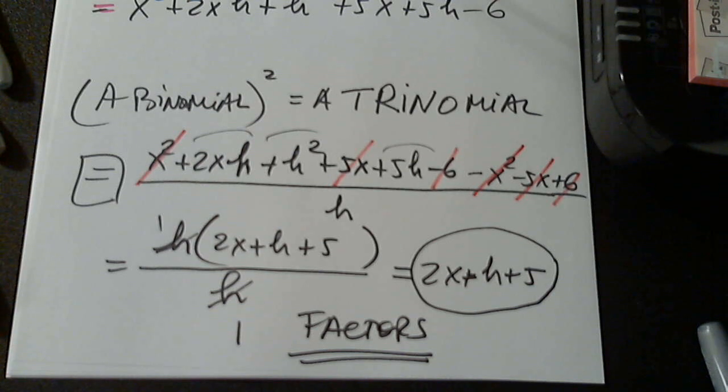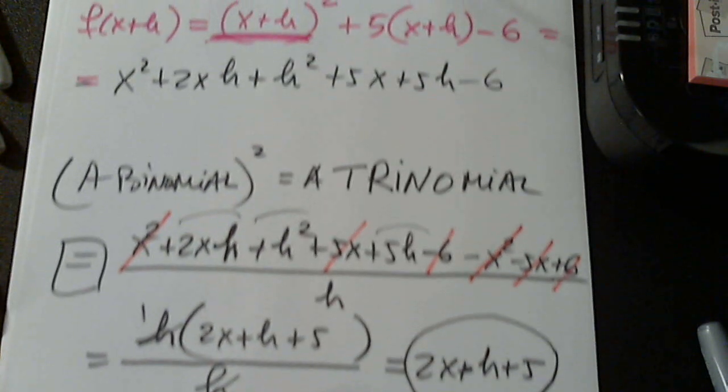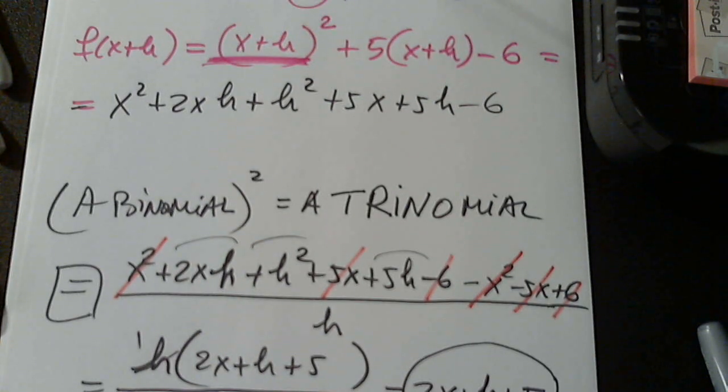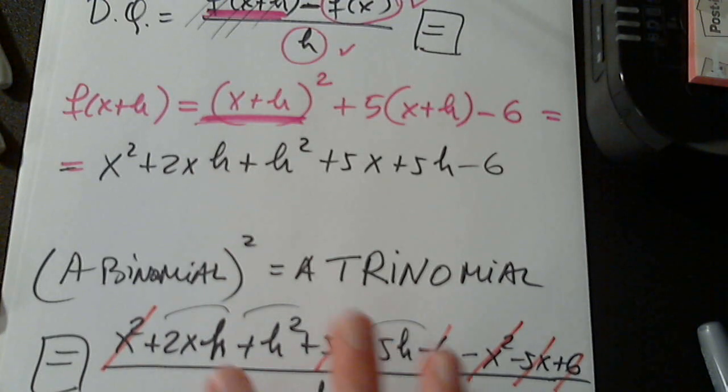Any questions? Any questions, please? How do we feel about the difference quotient now? Zach, go ahead, you are muted. If you end up not being able to cancel out the h's at that step 1, does that mean you got something wrong?